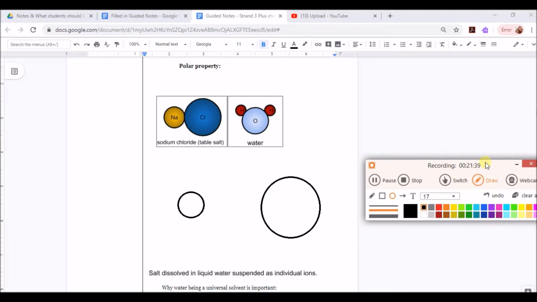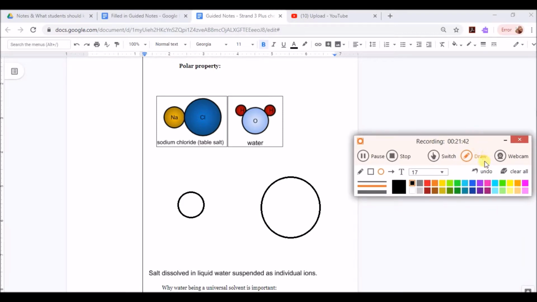I'm going to color these in just so I can see that they're different things. You don't have to color them. If you want, you can leave yours black and white. That's totally fine. Now I'm going to grab a blue and color my chlorine one blue.